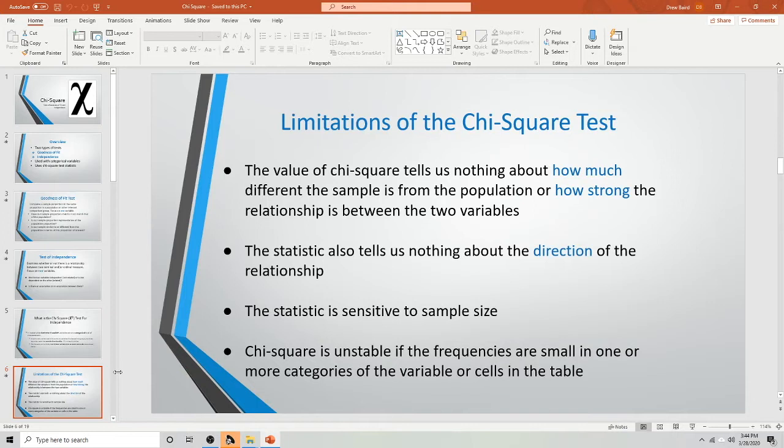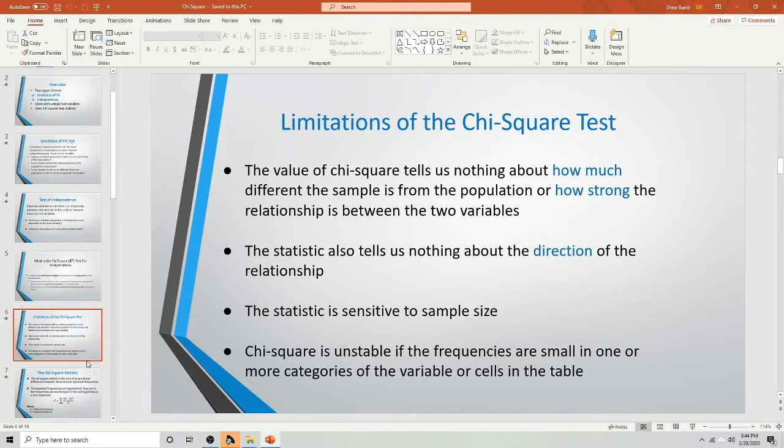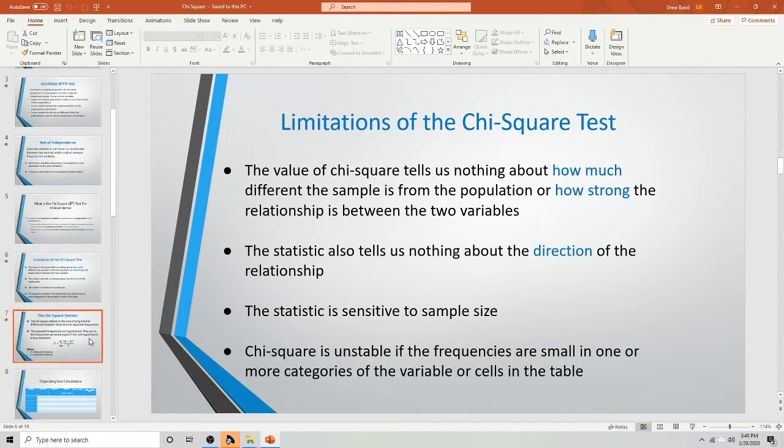That would be way too many categories for a chi-square test to handle effectively. And so that is one particular limitation to keep in mind with the chi-square test. The fewer categories you have, generally the more valid your test result is going to end up being in chi-square.